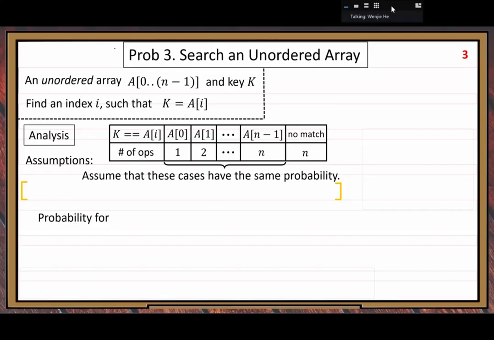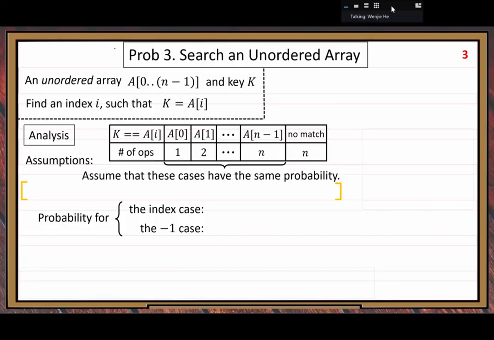We need to consider the probability for the no match case, because of the -1 return value. If your function returns a valid index number, that's the first n cases. If your function returns -1, that's the no match case.